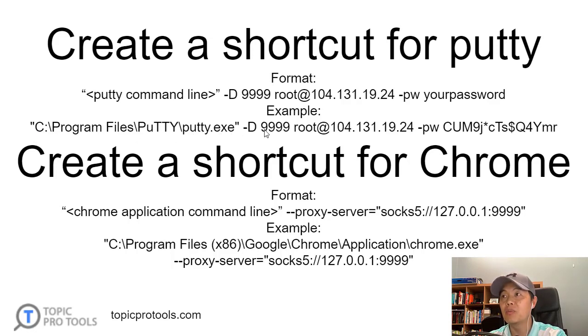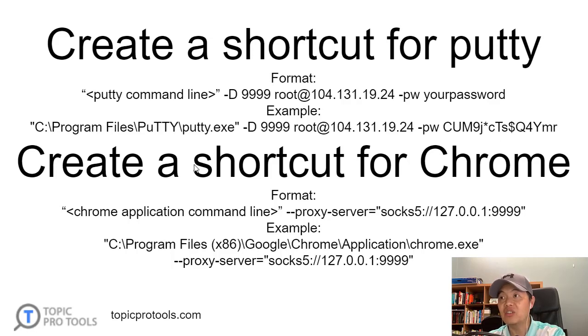After that, you put -d 999 and then root@ the IP address, if you're using the username root, and then space -pw, which is the password, and then whatever the password is that you generated using the suggest strong password for the server. So that's how you set up Putty.